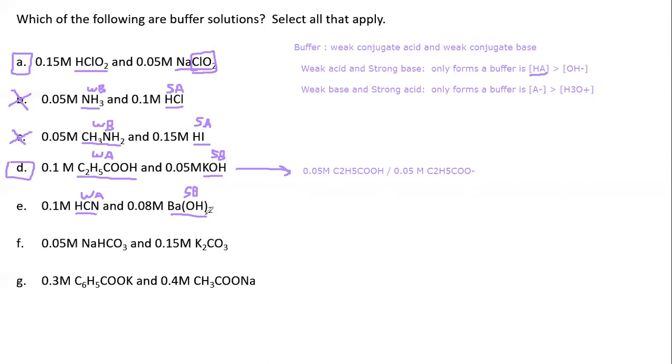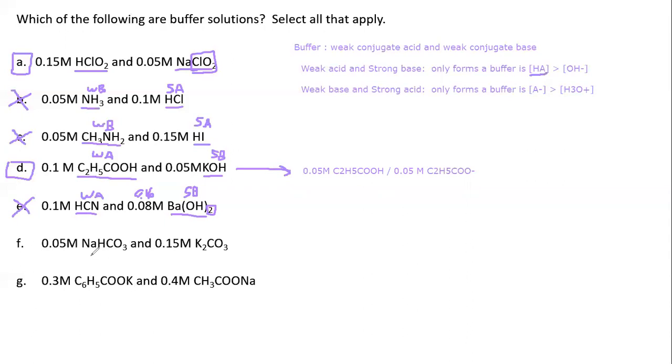However, notice here that for every 1 mole of barium hydroxide, we have 2 moles of hydroxide. So 2 times 0.08 means we actually have 0.16 molar concentration of hydroxide. So therefore, since there's more strong base than weak acid, this would not form a buffer.